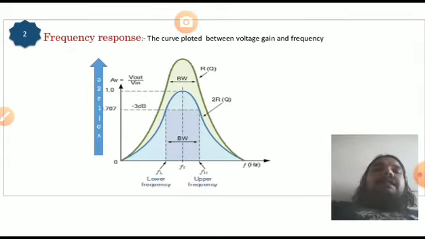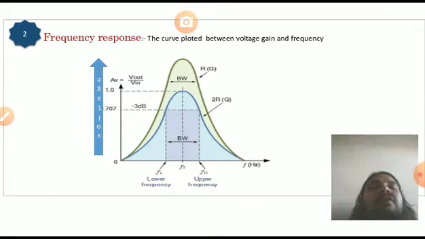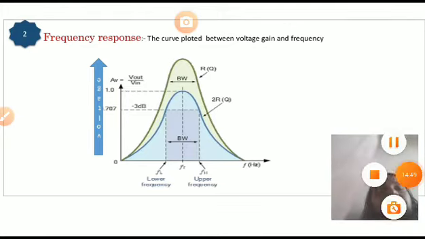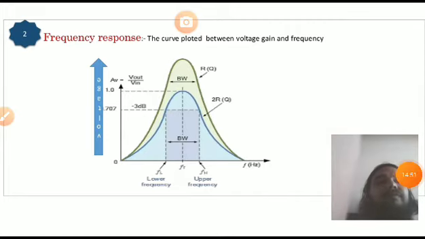There is a frequency response graph. Frequency is taken on the x-axis and voltage gain is taken on the y-axis.